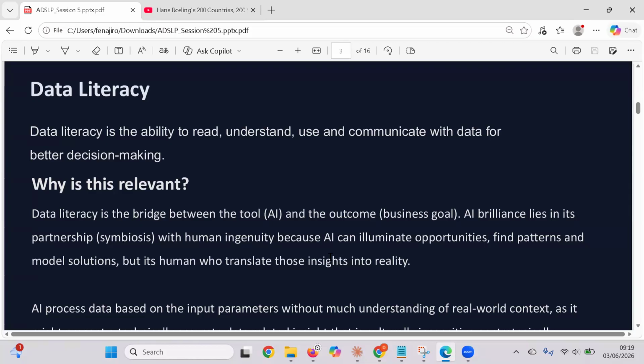It is relevant because it is the bridge between AI outcomes and business goals. The brilliance of AI lies in the partnership with human ingenuity, because AI can illuminate the opportunity from the data that we provide.